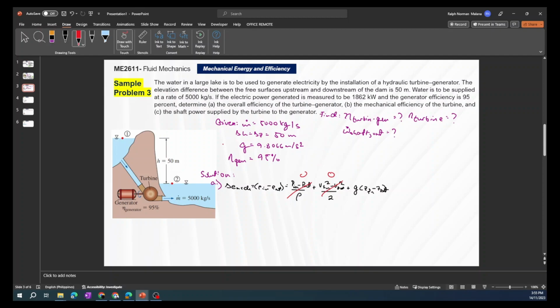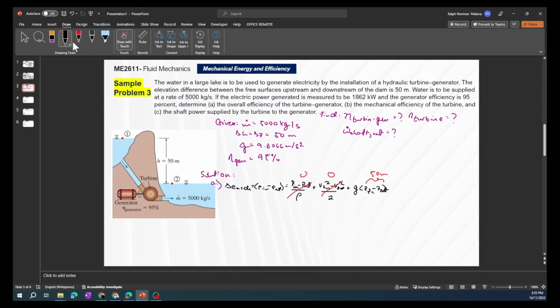It didn't say anything about our area here, but you can assume it has the same diameter at inlet and outlet anyway, which gives us the same velocity, leaving us with potential energy here. And this one is simply 50 meters.